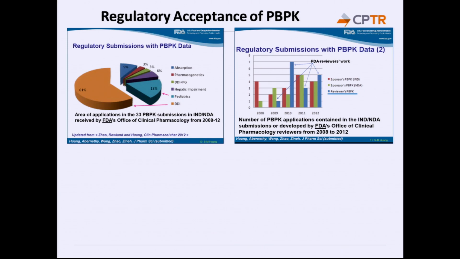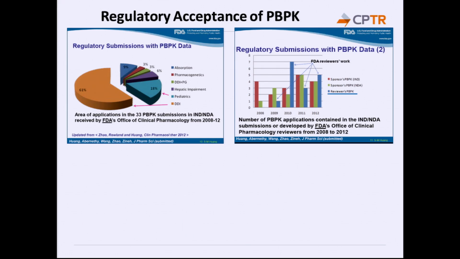So what you can see on the left-hand panel is the applications to the FDA where they used physiologically based pharmacokinetic modeling in the IND and NDA submissions. As I said, this is 33 applications from 2008 to 2012. You can see that the main area of focus is the area that we were really working on at the time, in terms of predicting drug-drug interactions.